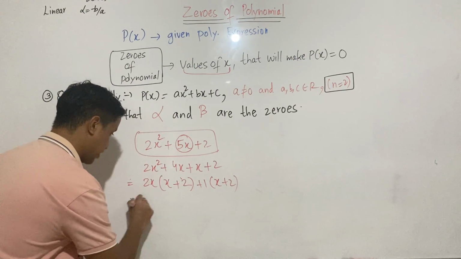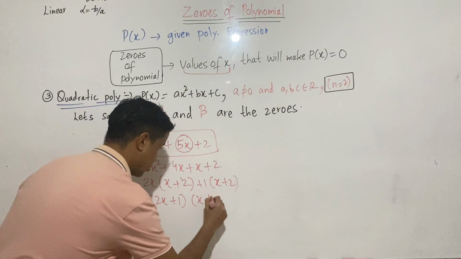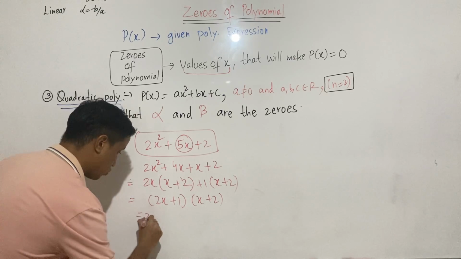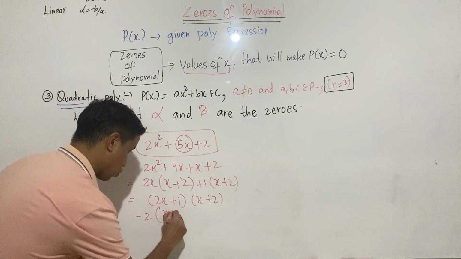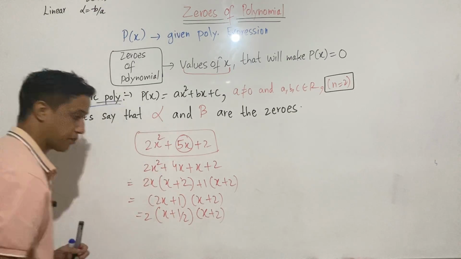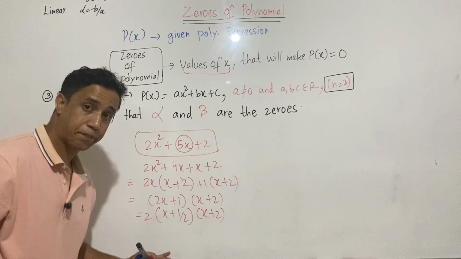So I can say 2x plus 1 and x plus 2. Now I take 2 common out, and it would be x plus 1 by 2 and x plus 2. Is that right? Do you agree?